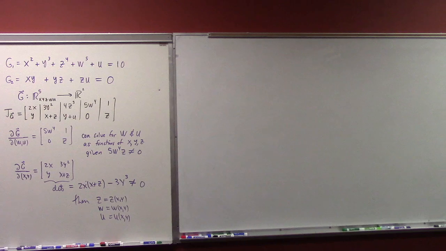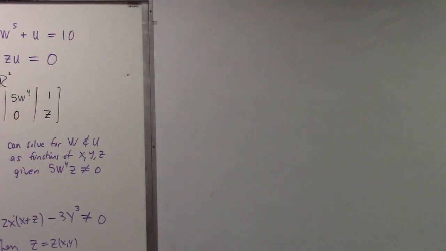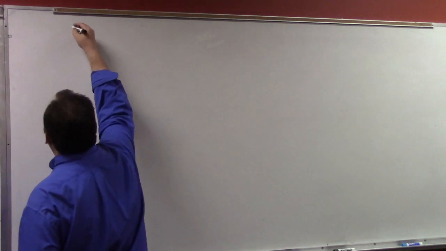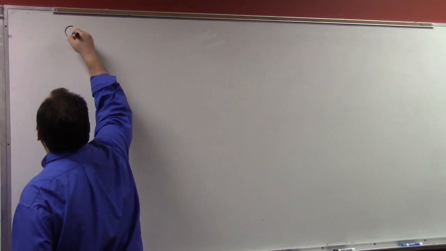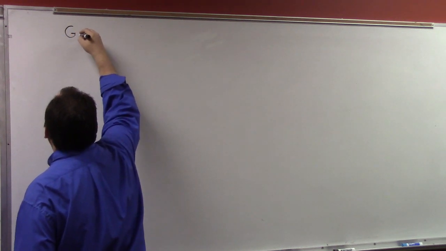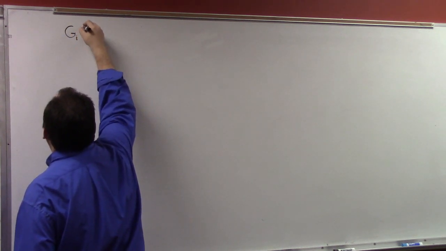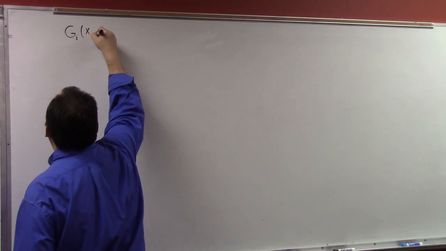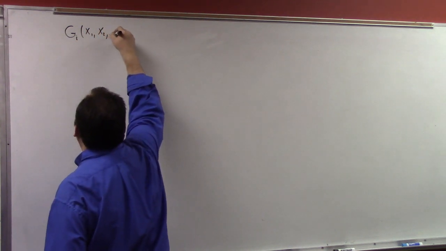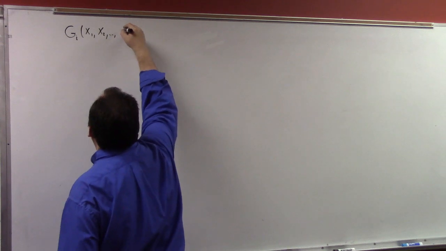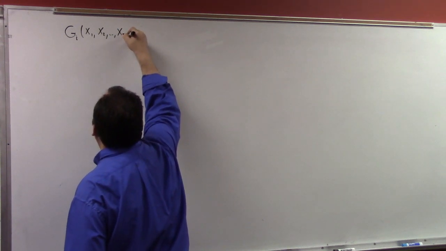Okay, so let's try to look at the chain rule here, to make sure we understand what I'm saying about the total differential. All right, so here we go. We have, for example, g sub i of x1, x2, dot dot dot, x, how many is it, m?